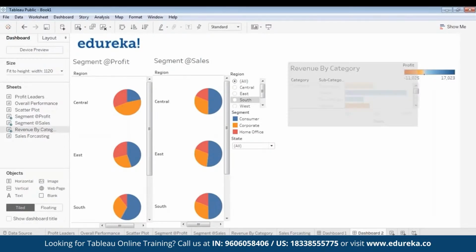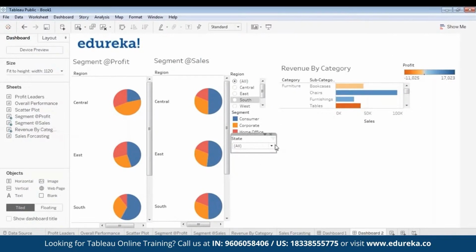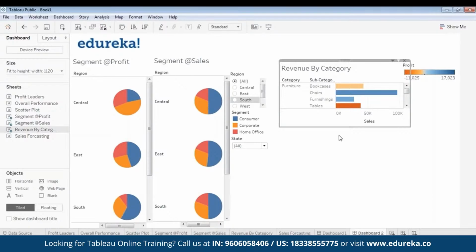Let me make it smaller. Now I can align my revenue by category. I have enough space now.